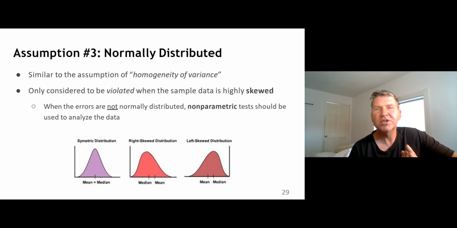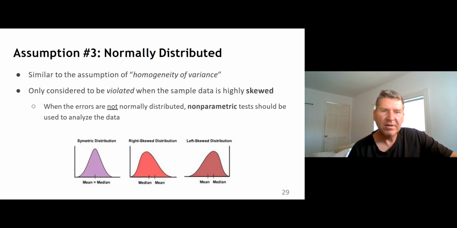So we also have to make sure that they're normally distributed. This is very similar to the homogeneity of variance, which is the second assumption we just looked at. We only consider it to be violated when there's a high kurtosis or skew to the data. So when they're not normally distributed, non-parametric tests should be used, or we can also do things to bring them back to a normal distribution shape.